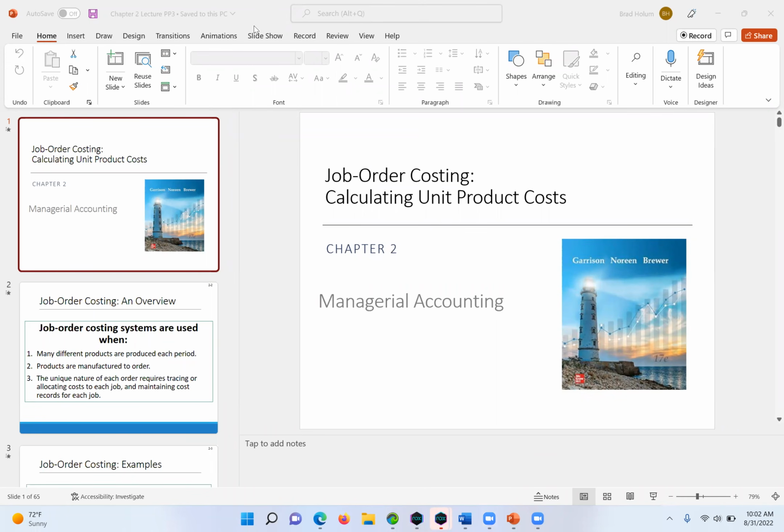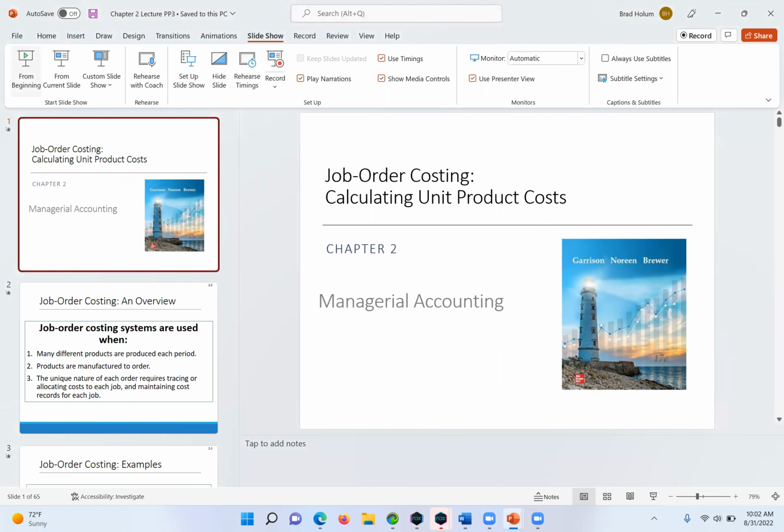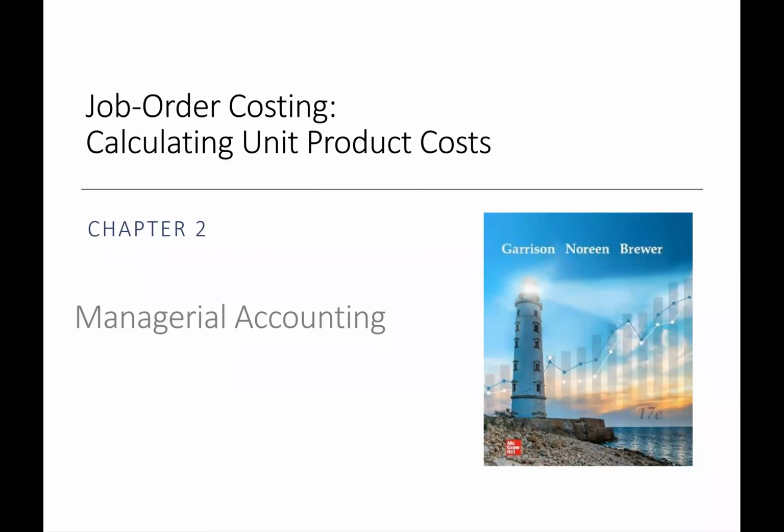We are going to start with chapter 2 of managerial accounting. This week, we've got 2 weeks where we're talking about job order costing.